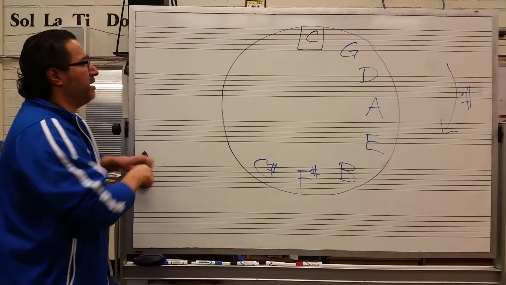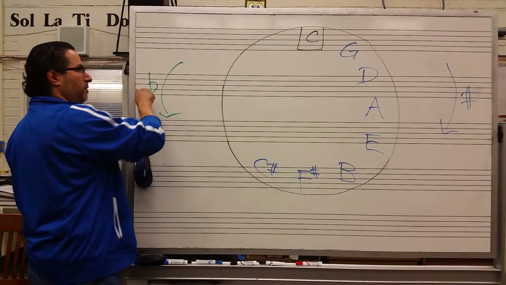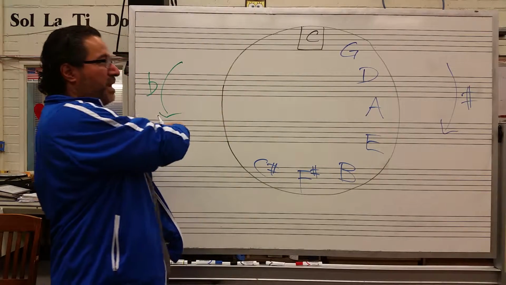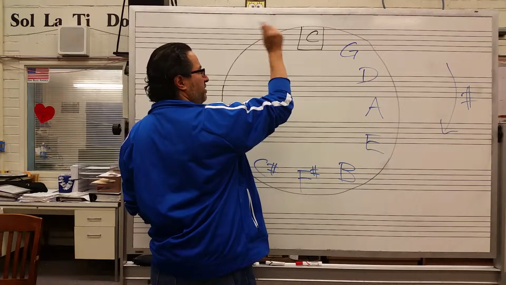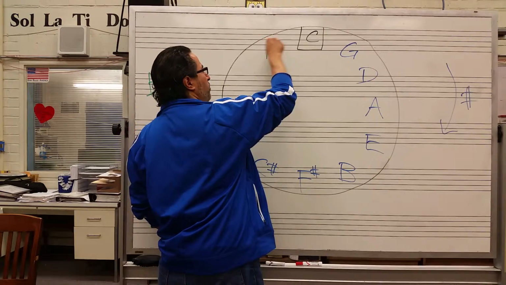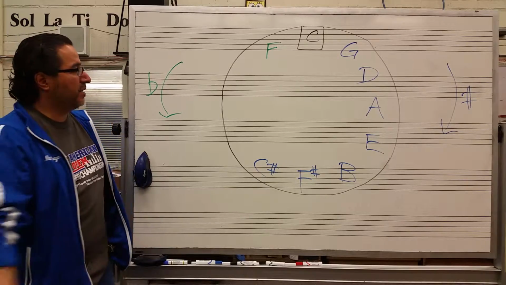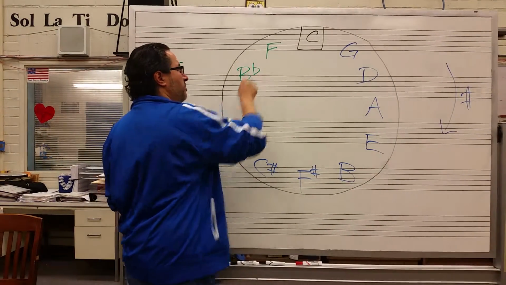Okay, going around the other way on the flat side. When we're talking about flats, we're going backwards. We're going to be doing the circle of fourths. So the first one is F, as I counted out earlier. You can count it out again if you like to. And then we go backwards to B flat.